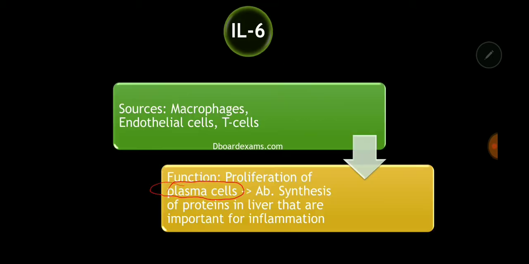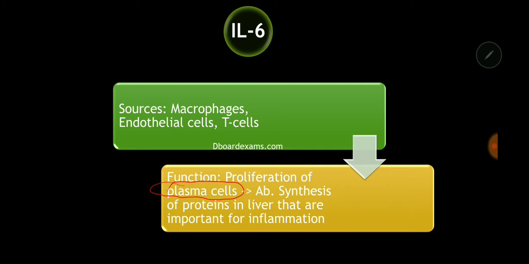Interleukin 6, or IL-6, is produced by macrophages, endothelial cells, and T cells. Interleukin 5 helps differentiation of B cells into plasma cells to produce immunoglobulins. However, interleukin 6 comes in and helps the proliferation of plasma cells.